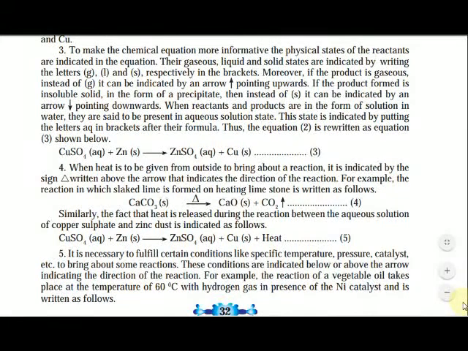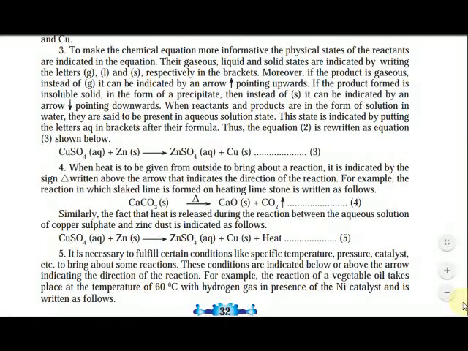It is necessary to fulfill certain conditions like specific temperature, pressure, catalyst, etc. to bring about some reactions. So, what is needed to bring about the reaction? Some physical conditions like specific temperature, pressure, catalyst. They are required. These conditions are indicated below or above the arrow indicating the direction of the reaction.